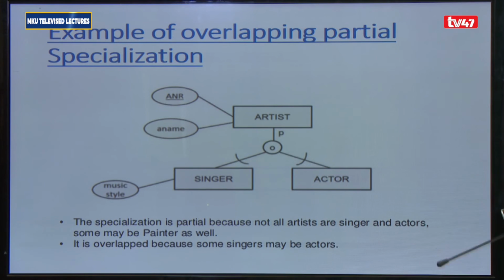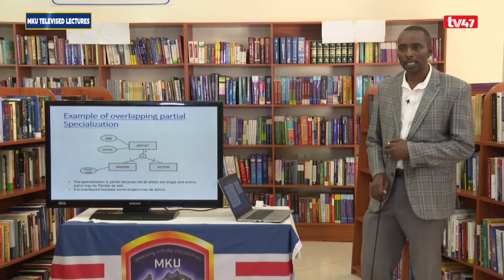That is also an art. So if you have such a scenario in the database and you do not have a subclass that accommodates that particular type of artist, that would still fit as an artist, just an artist, because there are many other arts that we may not be able to depict here. So when you have an overlapping partial, we take care of that particular scenario.